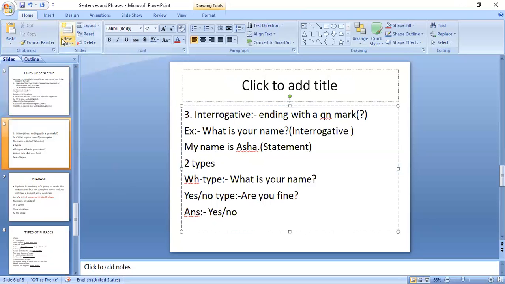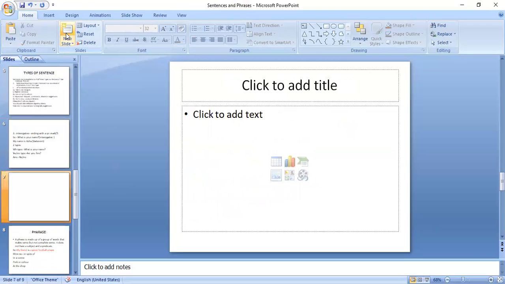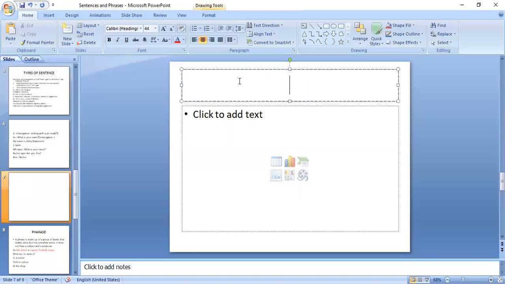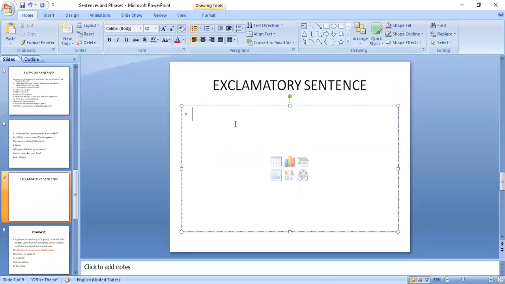Then next, I'll move to exclamatory sentence. This is an exclamatory sentence. What is an exclamatory sentence?